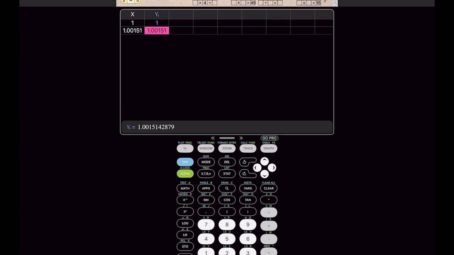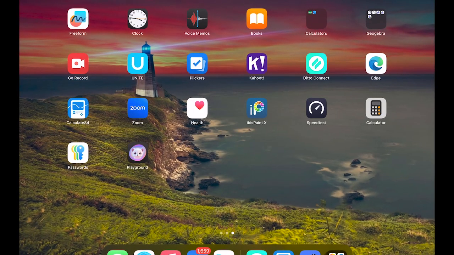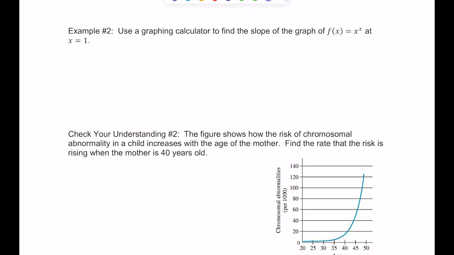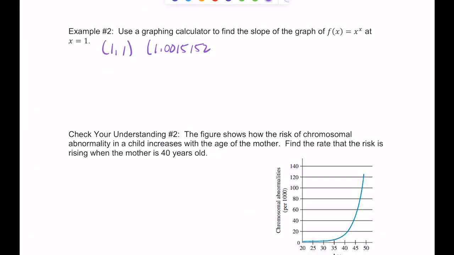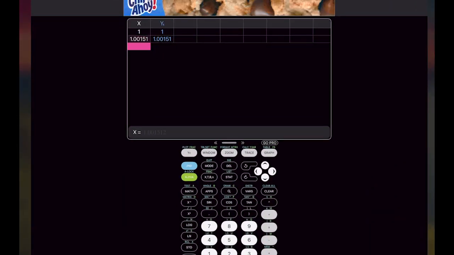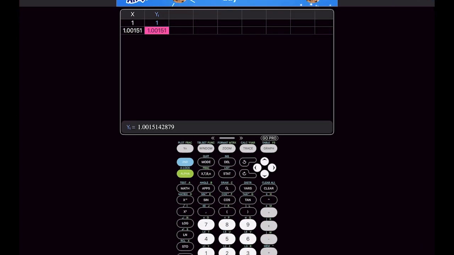Okay, so our 2 points again are 1, 1, and then 1.001512, and the y value is 1.001514.